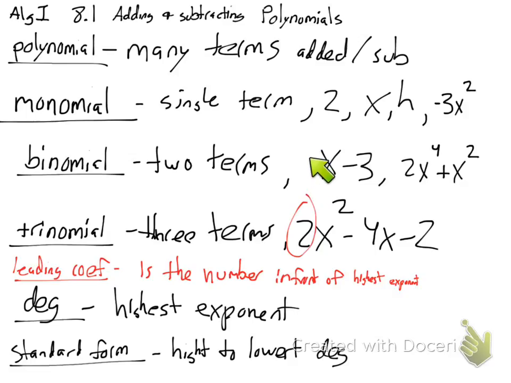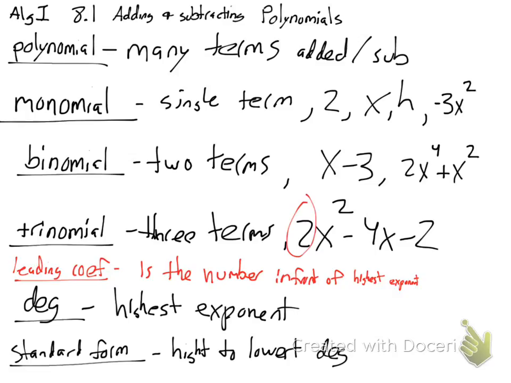Nothing's there. It actually is something there. What is it? It's a 1. So 1 is the leading coefficient there. What about this one? What's the leading coefficient? It's in standard form already, highest to lowest. What's that number? 2. What's the leading coefficient here? It's a monomial. It's just 2. How many coefficients are there? Just 1. The answer is 2.